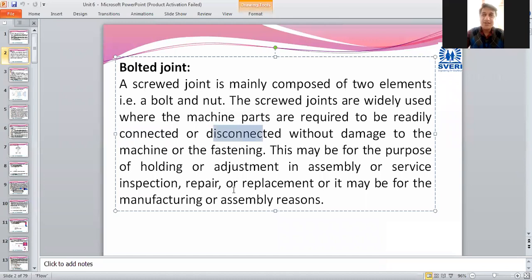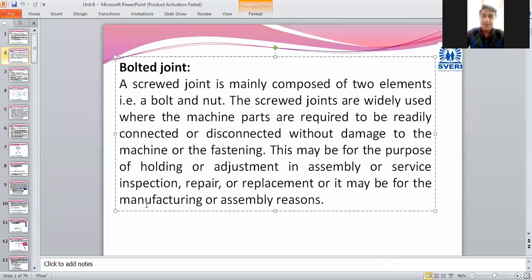As I have discussed, readily they can assemble together and disassemble, or easily if you want to assemble and disassemble frequently without damaging the machine or the fastener of that particular machine. So that's why we are going to use these bolted joints.